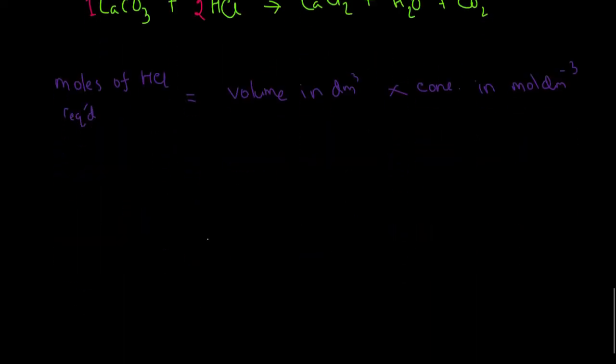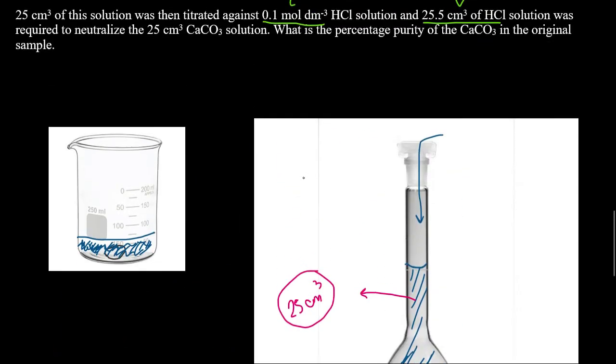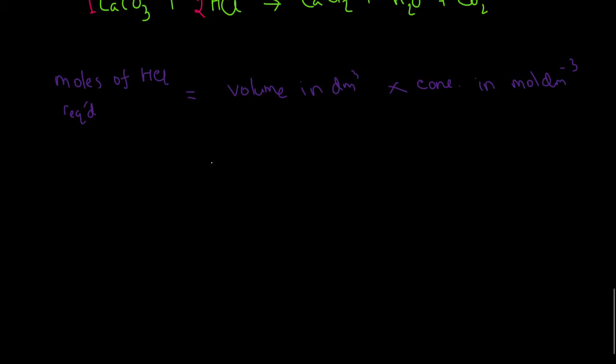All right, so the volume was 25.5. So that is in cm cube. So what I'm going to do is I'm going to divide that 25.5 by 1,000. So this whole thing becomes dm cube now.